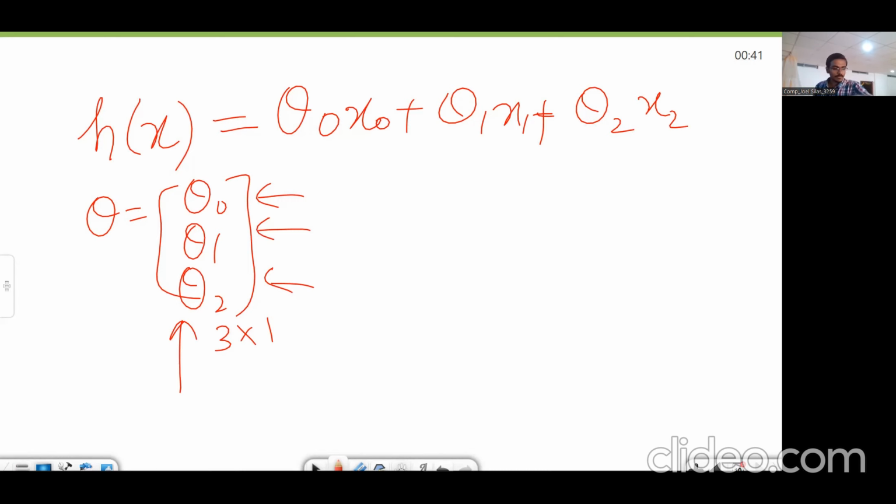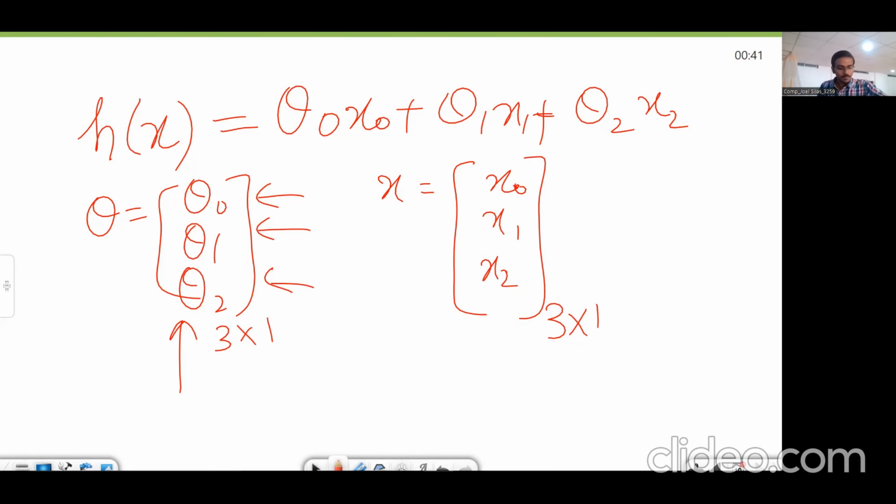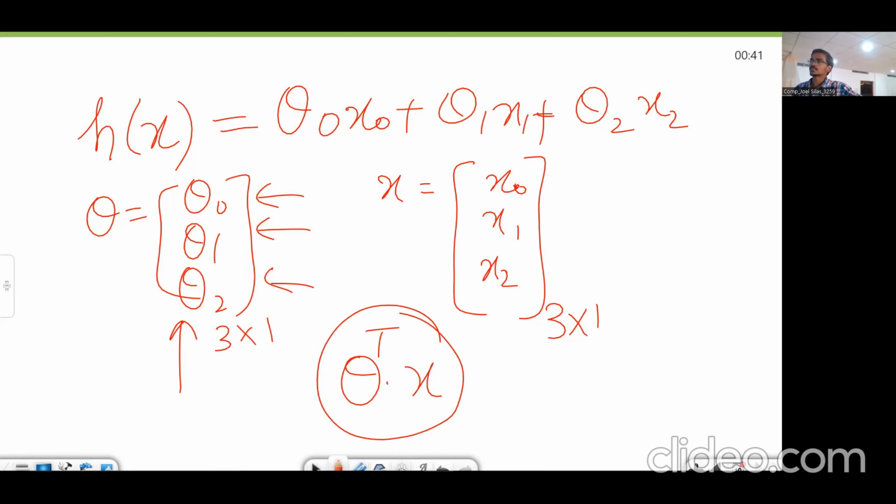Similarly, our feature vector x can be represented as x0, x1, x2. This is also 3 cross 1. So if we perform matrix multiplication of theta transpose with x, what will we get? Now theta transpose means the rows become the columns and columns become rows. So theta transpose is nothing but, now the single column will become a single row.